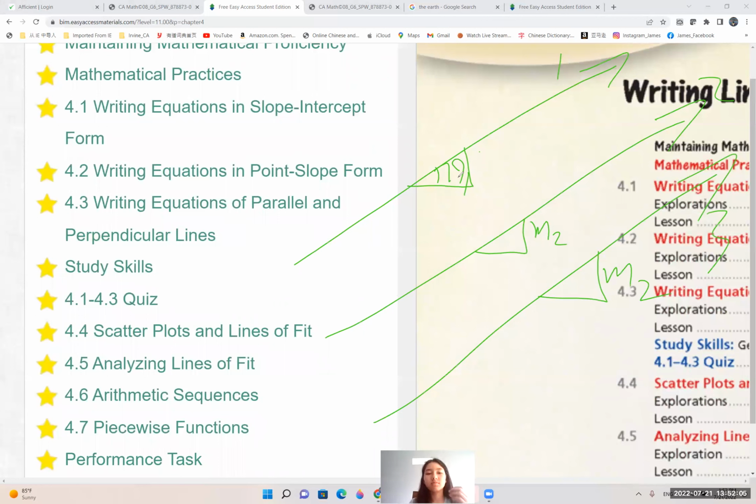Then it's easy to get that m1 equals m2 equals m3. That being said, for parallel lines, they have the same slope.